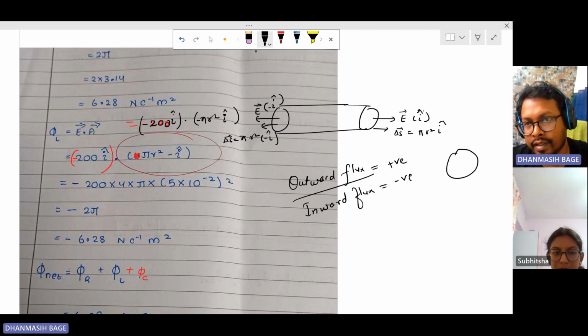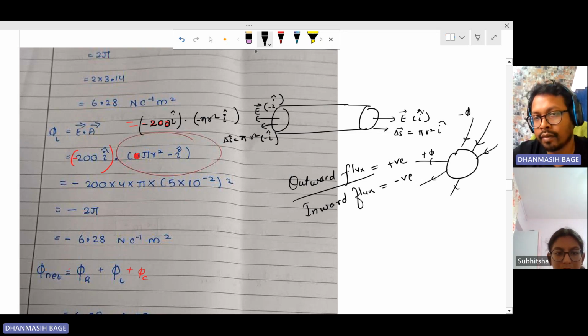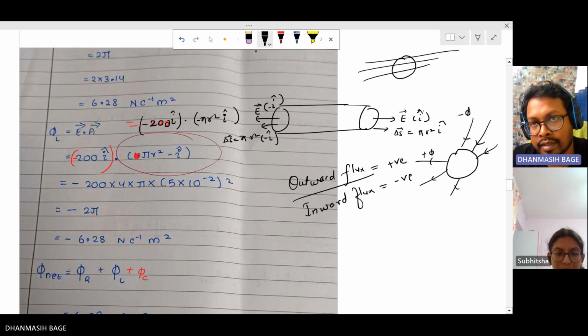If there is a circle like this, if the field lines are coming out of it, this is outward flux, right? Flux due to this thing will be this thing. And if the field lines are going in, it will be minus phi, it will be plus phi. Net flux will be 0. If I say that there is a sphere, field lines are going like this. What is the total flux? What is the net flux?